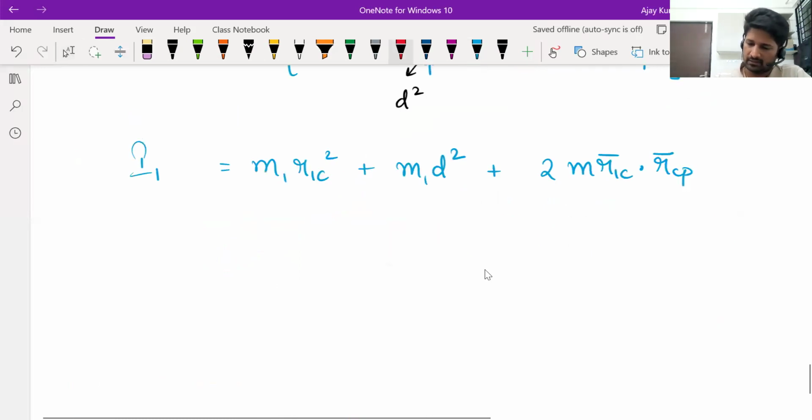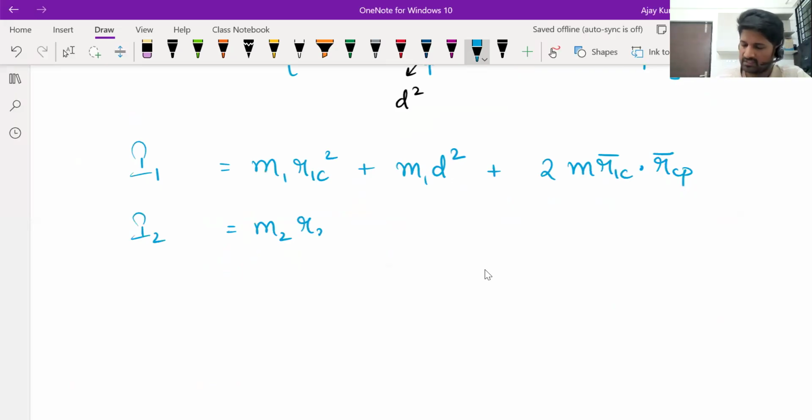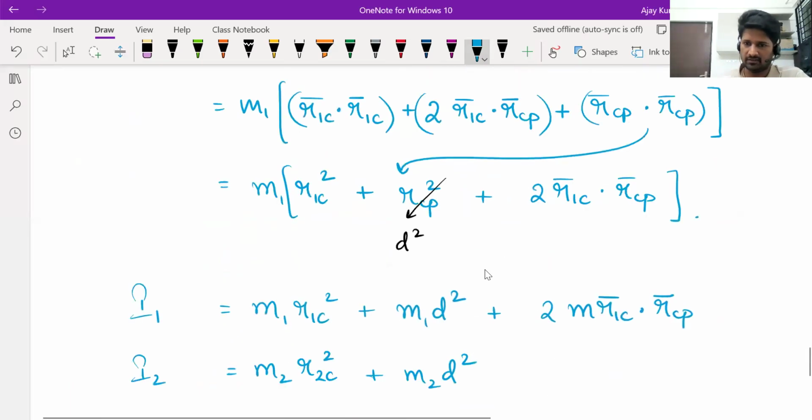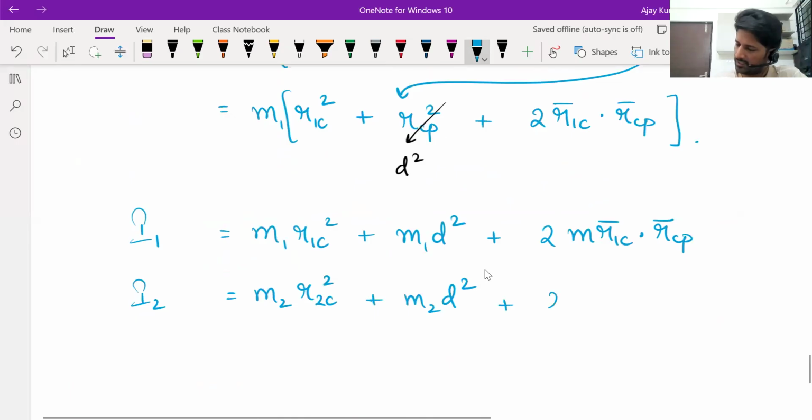For the second particle, the expression will be m2 times r2c, the distance of the second particle from the axis through the center, squared, plus m2 d square. D is the same for any particle; it is the distance between the green axis and the orange axis. Plus the last term will be 2 m2 r2c dot rcp.